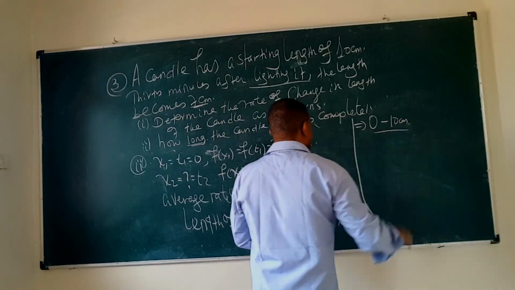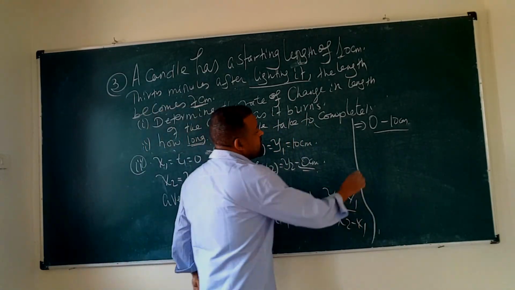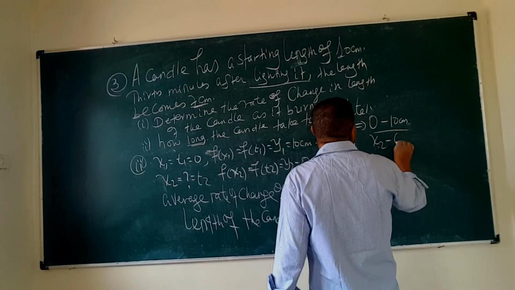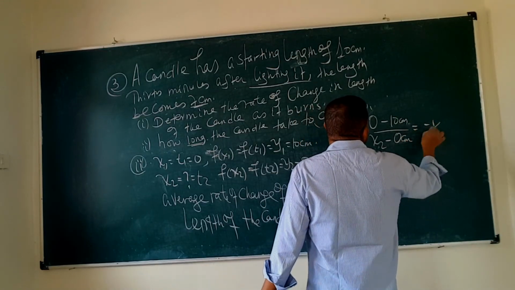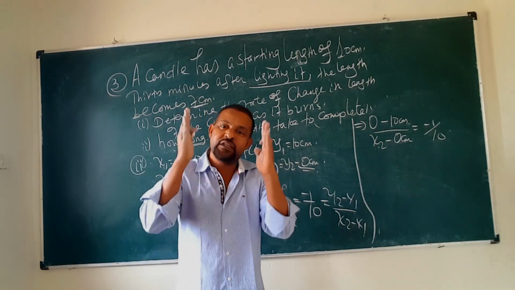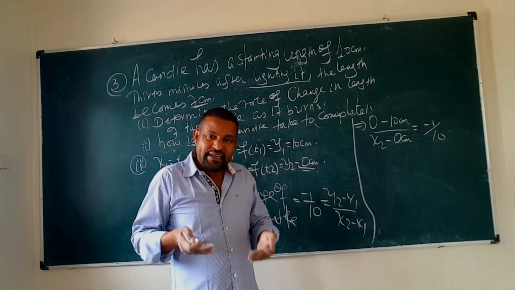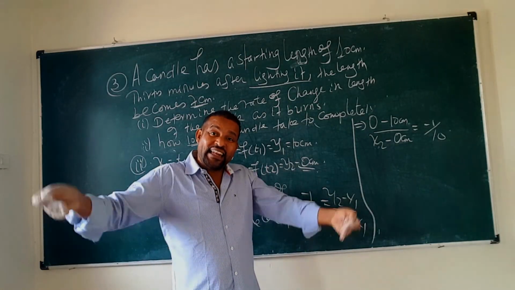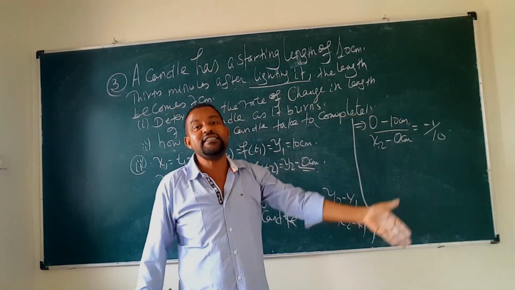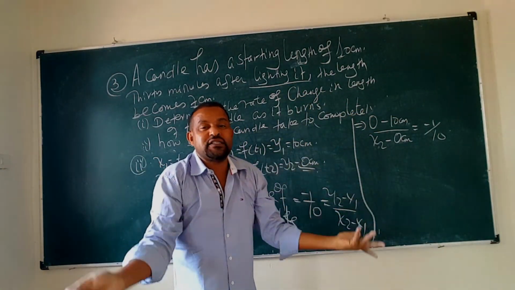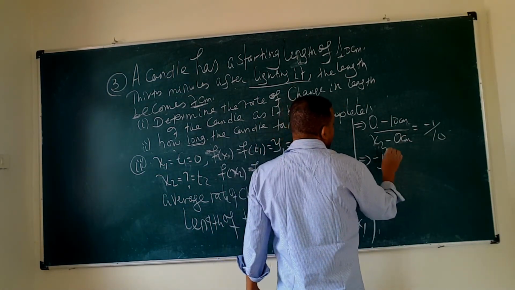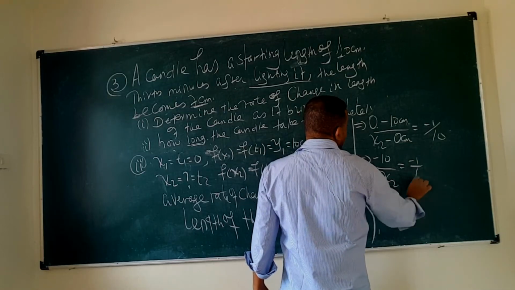Okay, over x2 is unknown, ይሄ ነው የምንፈልገው, that means time t2 ማለት ነው, and x1 is 0, should be equal to negative 1 over 10 which is the average rate of change of length of the candle. በዚህ ሬት ኦፍ ቼንጅ እየተቃጠለ ያለ ሻማ መጀመሪያ 10 ሴንቲሜትር ነበር 0 ላይ። ስለዚህ ተቃጥሎ እንዲያልቅ ምን ያህል ታይም ያስፈልገዋል? That's all. So which is negative 10 over x2 is equal to negative 1 over 10.